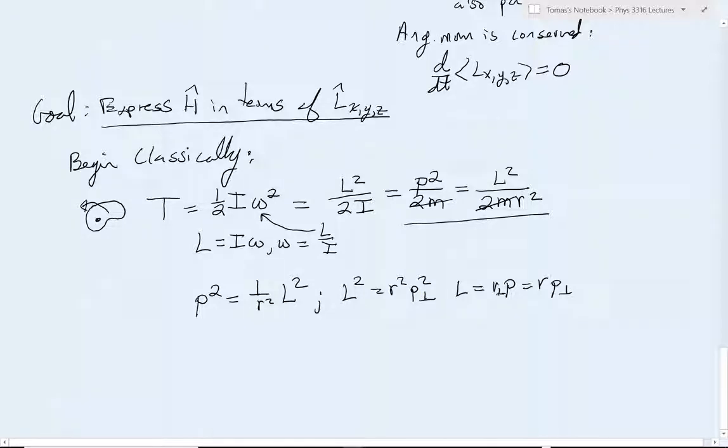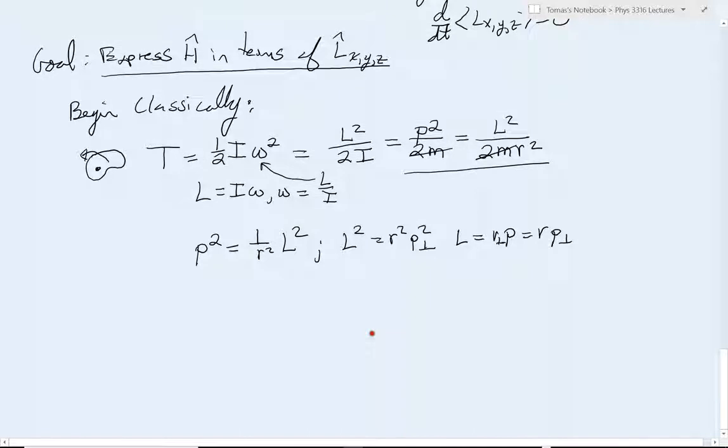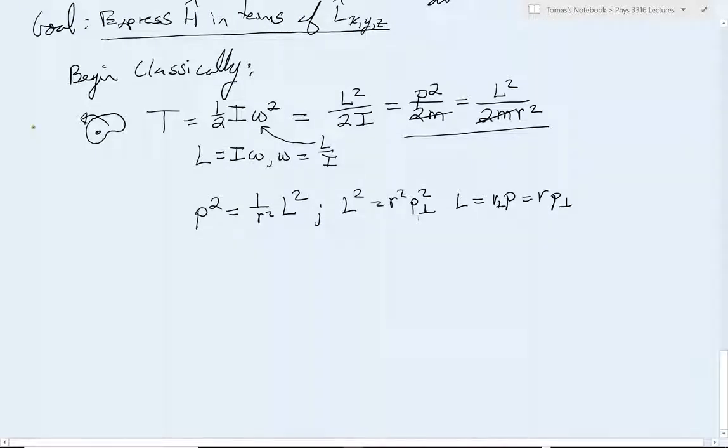It gives me information about the kinetic energy perpendicular to the radius, basically the rotational kinetic energy, which after all is the expression that we began with here. Okay, so that's sort of phase one of the classical analysis. If we want to be more rigorous about this, we really should go back to the true definition of what L squared is and see if we can prove something along these lines here.